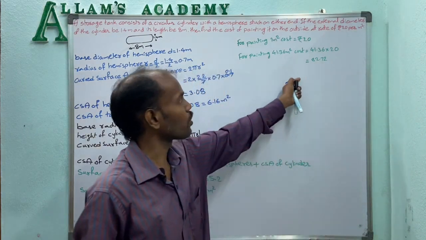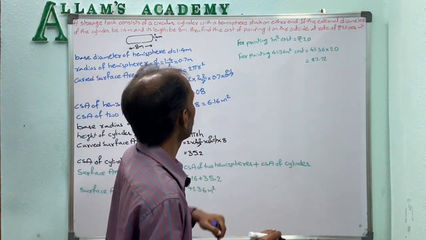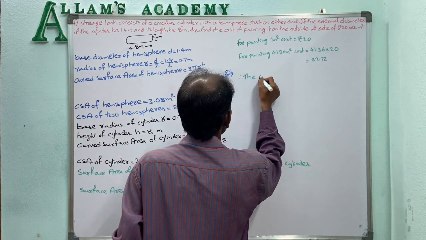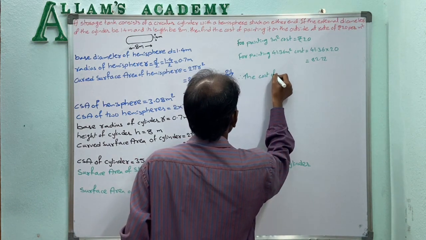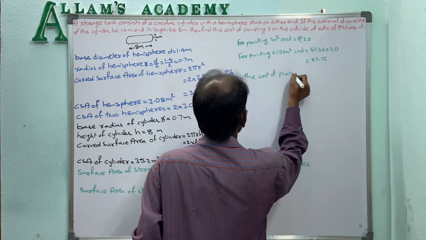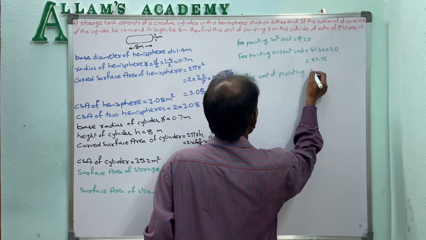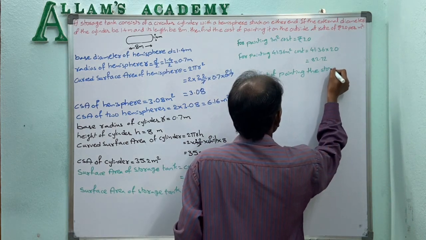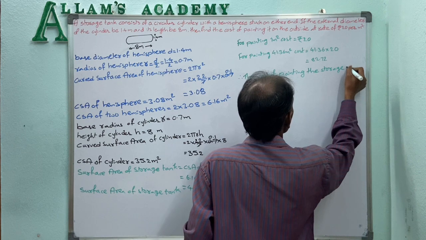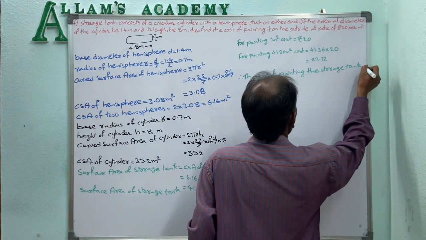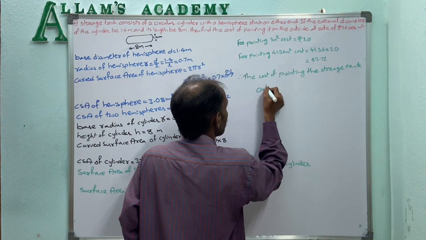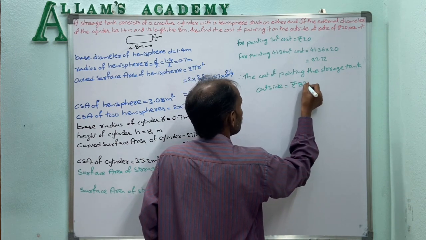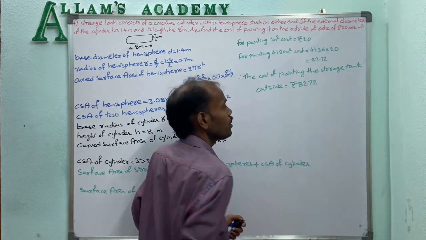So 82 rupees 72 paisa. So therefore the cost of painting the storage tank outside equals rupees 82.72.